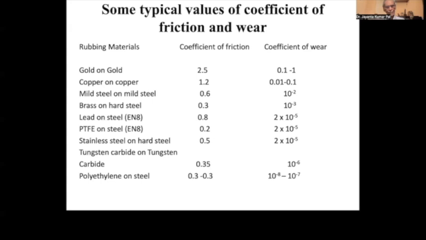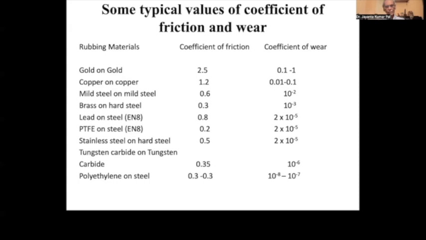And like that, you see that the harder the metal, or the harder the rubbing components, the wear is less. Or harder or stiffer, I think, is the right word. Say, for example, tungsten carbide against tungsten carbide.